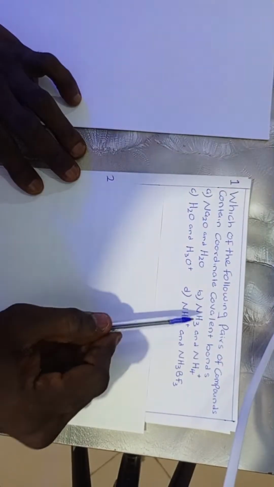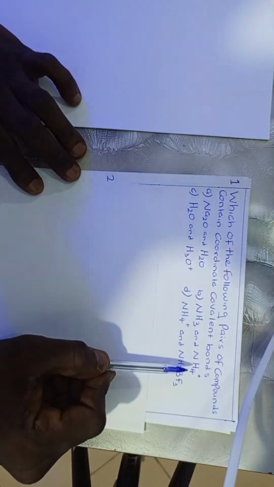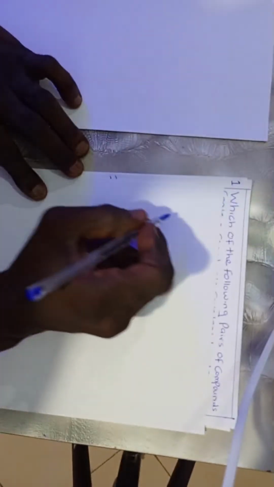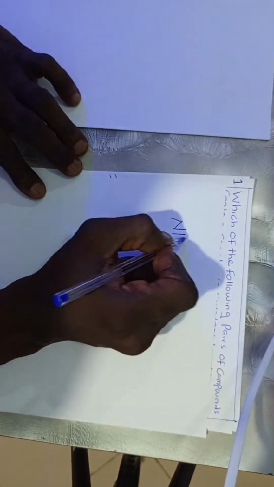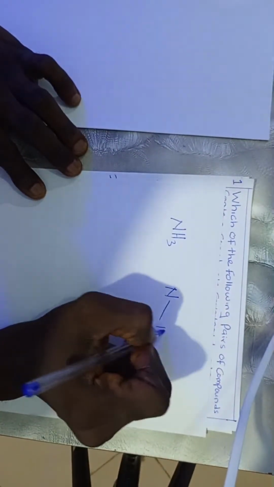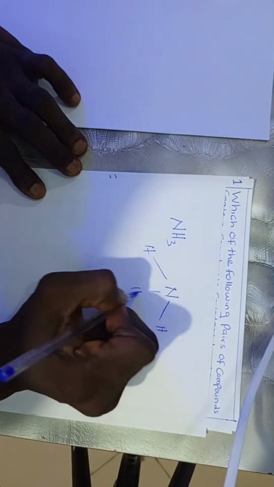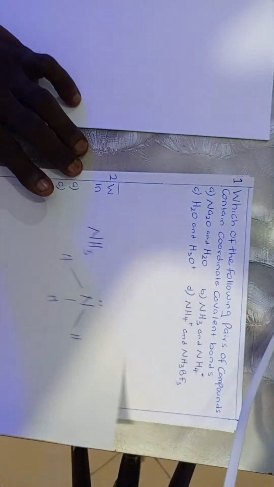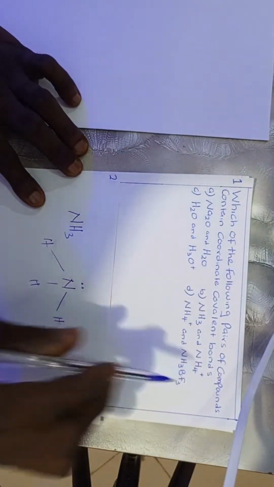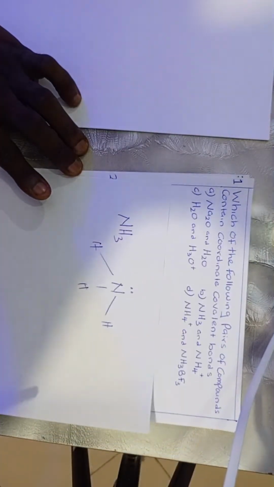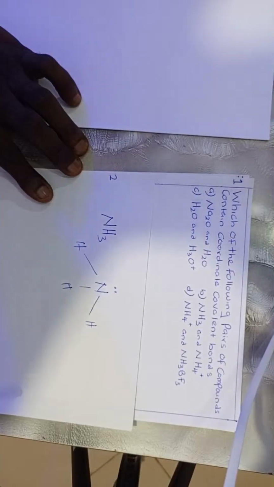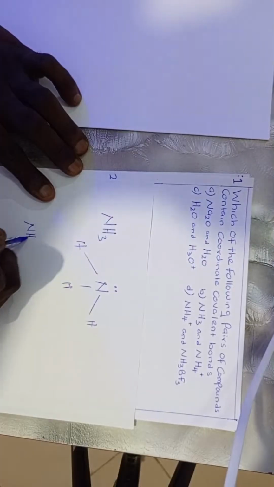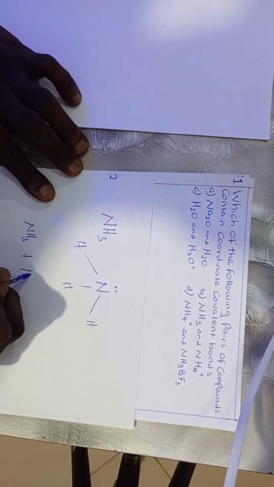Option B, we have ammonia and ammonium ion. We all know that ammonia, NH3, has N, H, H, and H, so ammonia is made up of covalent bonds. So ammonia is not going to be our answer. Let's talk about ammonium ion. Ammonium ion is a very popular species we all know exhibits coordinate covalent bonding between ammonia, NH3, and hydrogen ion.